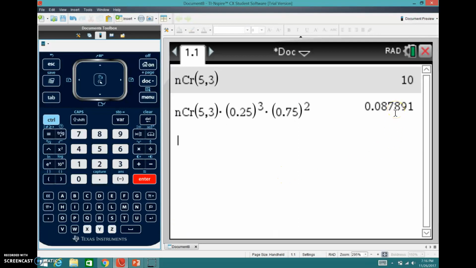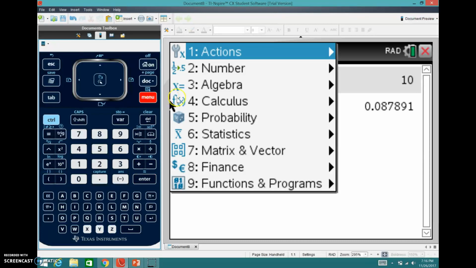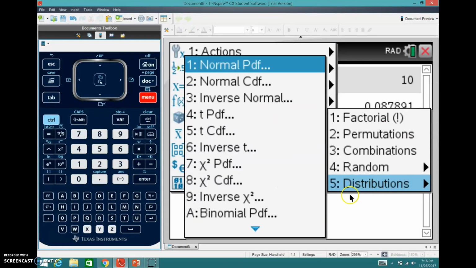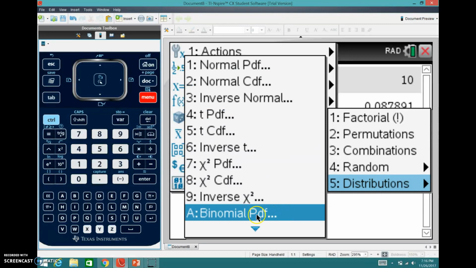But there is an even faster way to calculate all of this. If I know this is a binomial setting, we've got some different menus we can go to. So we go to Menu, Probability, and this is one of the new distributions we're going to be looking at. This is binomial PDF. PDF is a probability distribution function, and we can look for specific values.